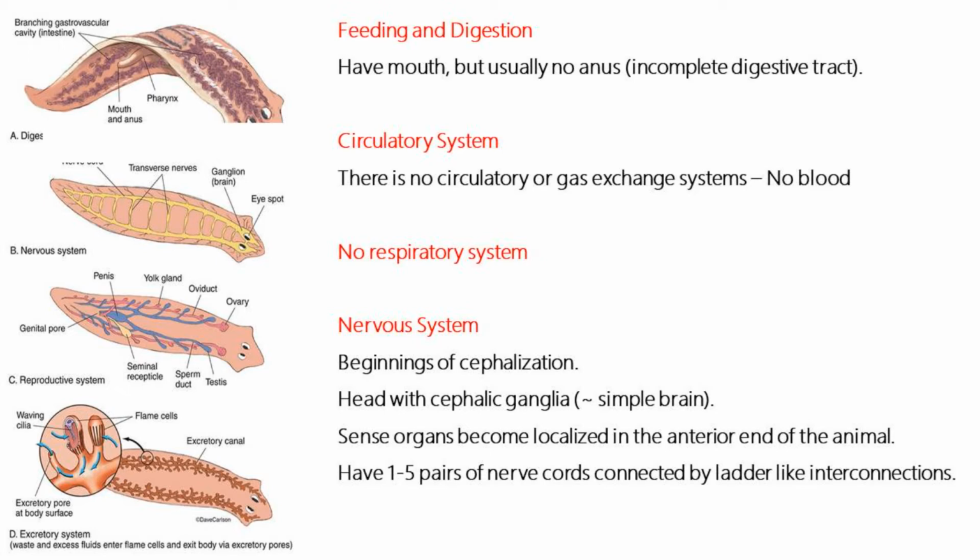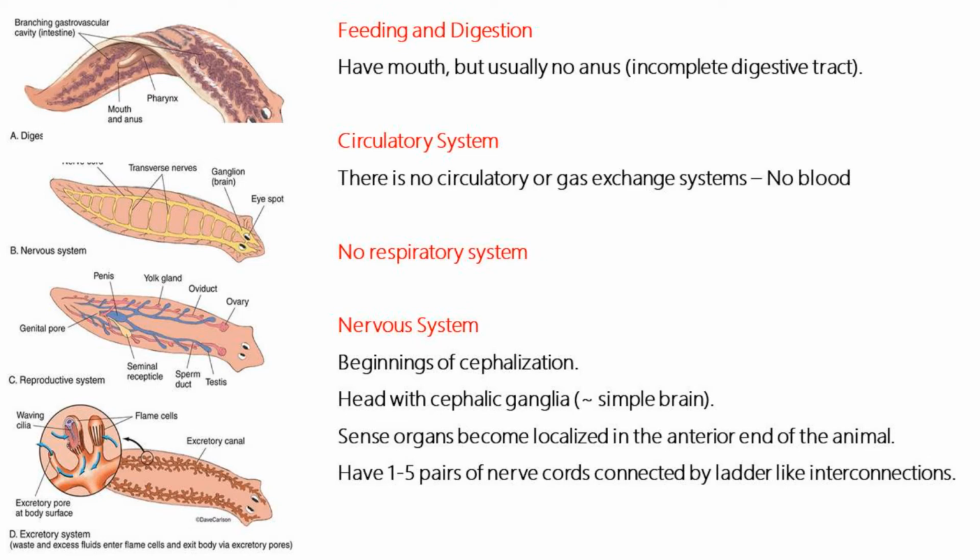Nervous system. We see the beginnings of cephalization. At least some members have a distinct head, with cephalic ganglia, so they have a simple brain, since organs become localized in the anterior end of the animal.